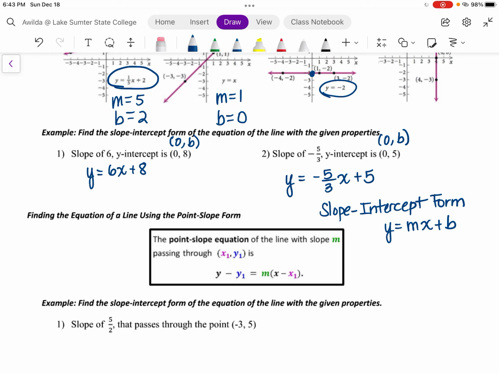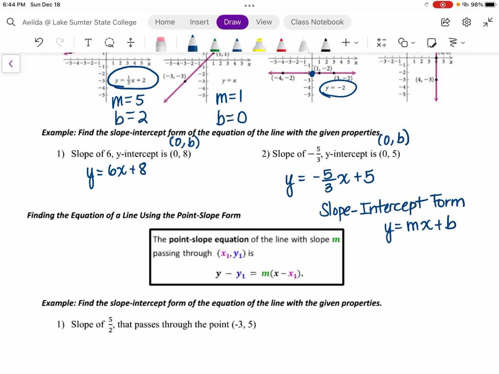There is another form for the equation of a line called the point-slope form. To use the point-slope form, we need to know two things about the line. We need to know its slope, and we need to know the coordinates of at least one point on the line. That known point is going to have coordinates x sub 1 and y sub 1.